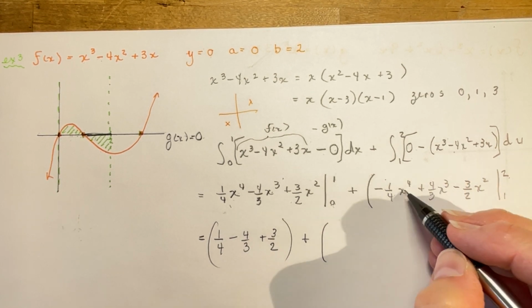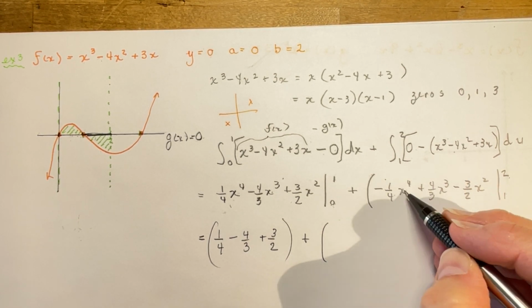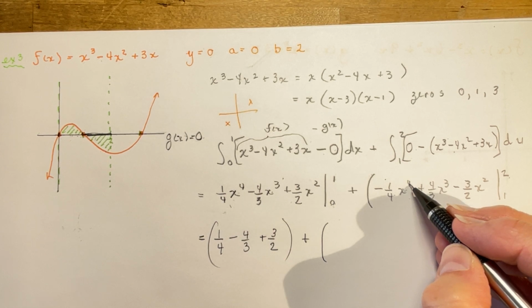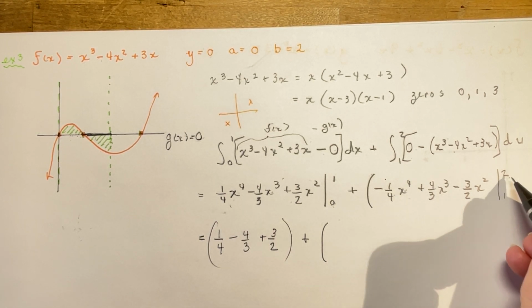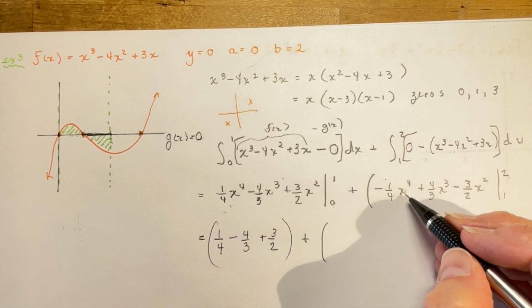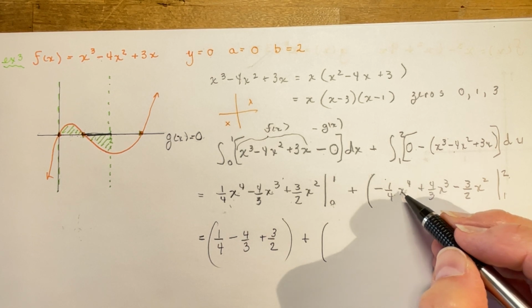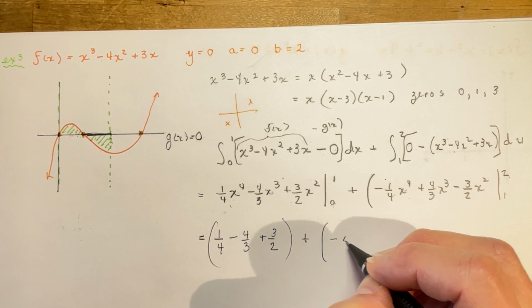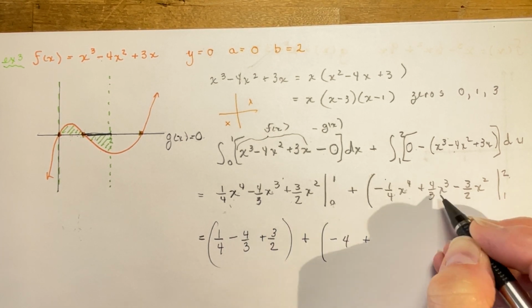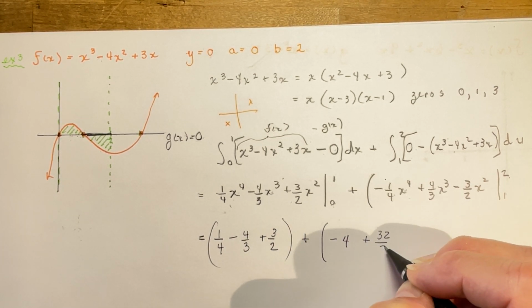Okay, so I'm going to do 2. 2 to the power 4 is 16. 16 divided by 4 is going to be 4, and it's negative. So minus 4 plus 32 over 3. That's an easy one.